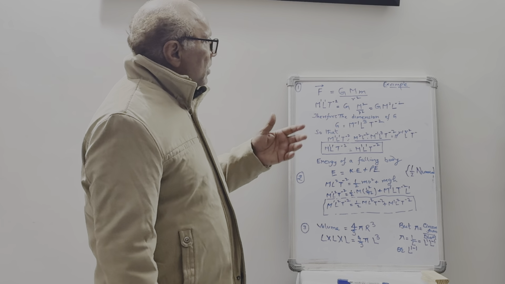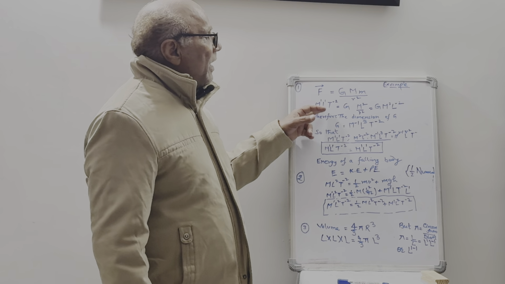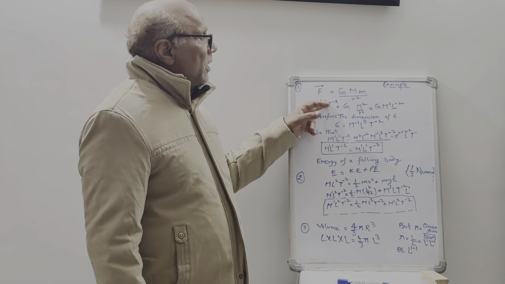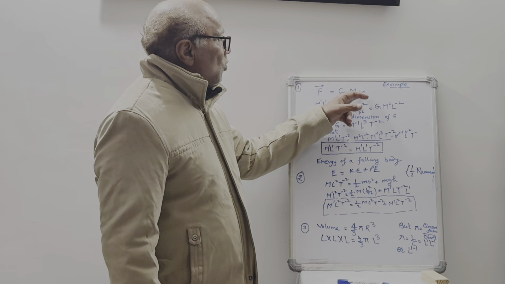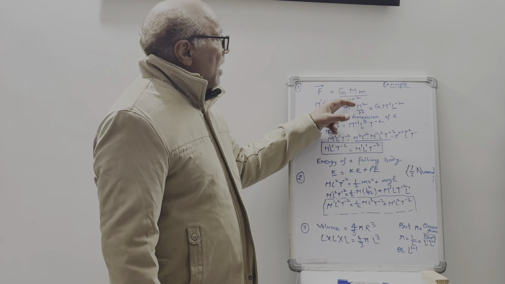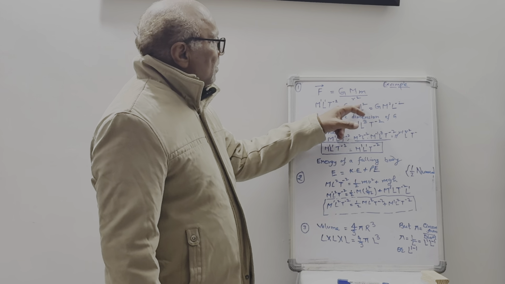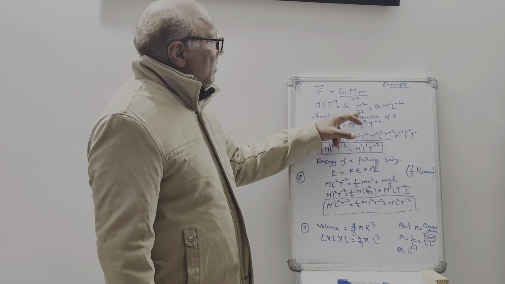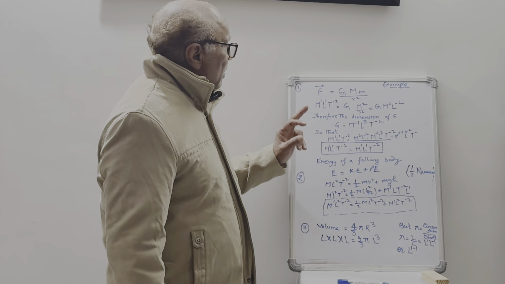Now we know that the dimension of the force are M1 L1 T minus 2, and the dimension of mass into mass is M2, and R2. Now this is G M2, and because it is in the denominator, it will be L minus 2.